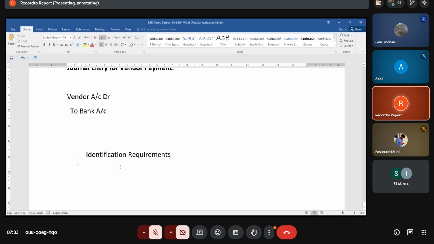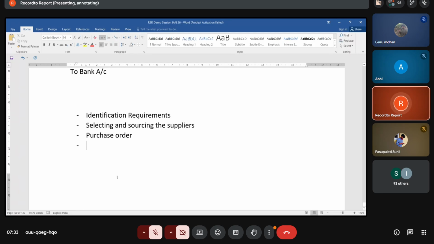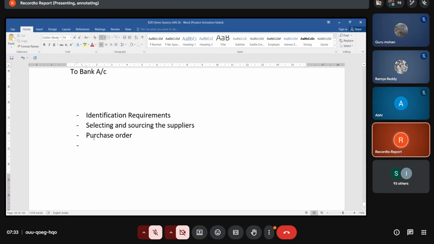The second stage is selecting and sourcing the suppliers. Any general entry to be posted? No. The third stage is the purchase order. Is there any entry? No, we just discussed that.